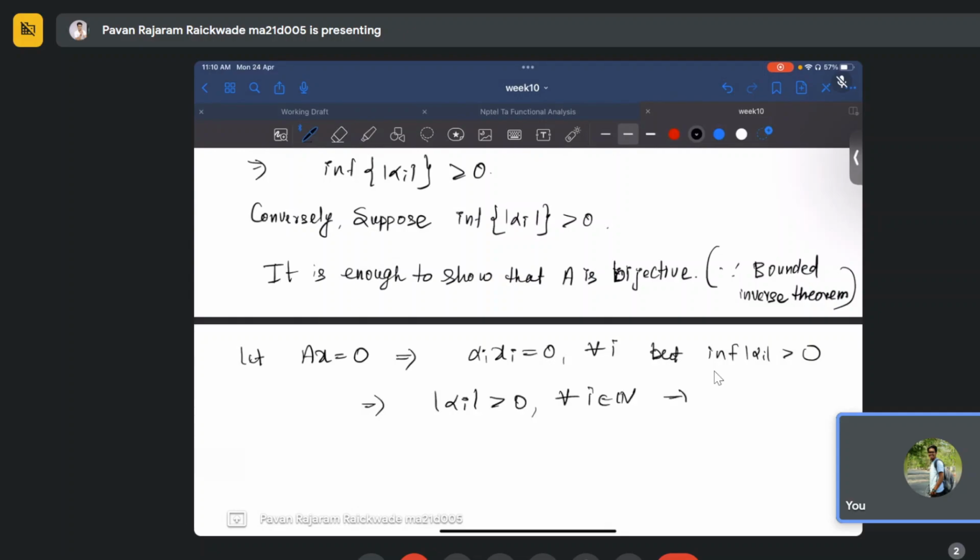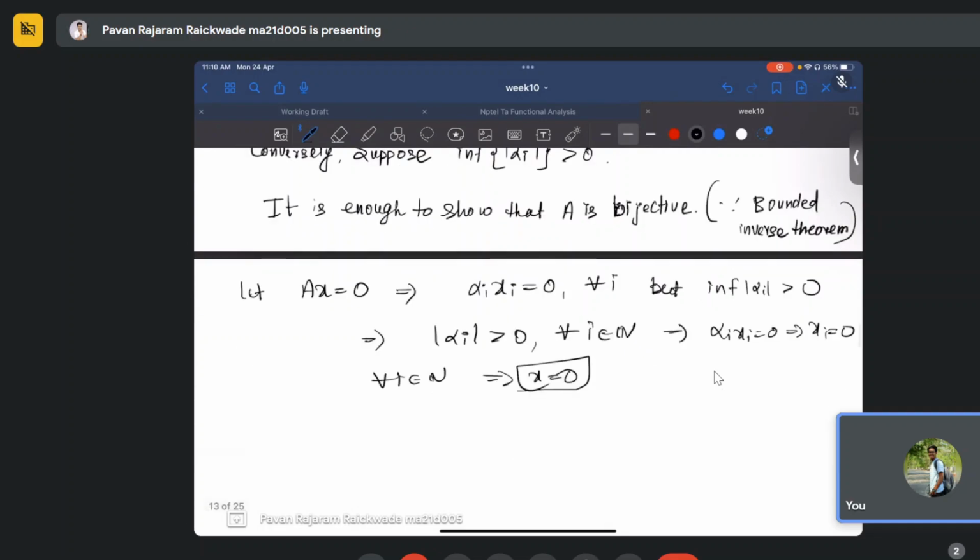But this then implies alpha i x_i equals 0 implies x_i has to be 0 for all i. It means x is 0. So it implies A is injective.